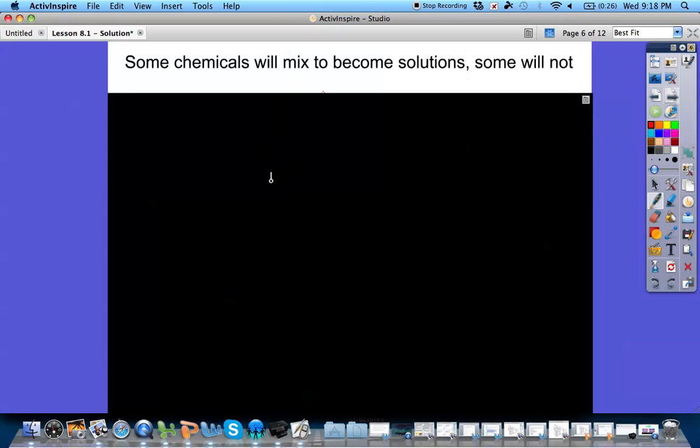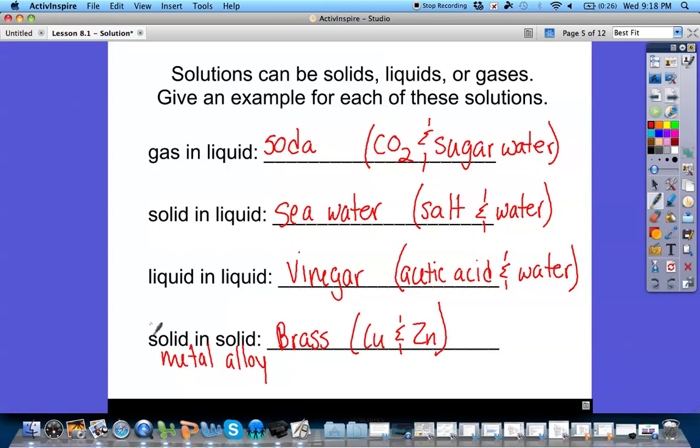So it is important to note that some chemicals will mix into solutions and some will not. But if we look back here at these examples of different types of solutions and different states of matter, 3 of these involved water. Water is known as the universal solvent.